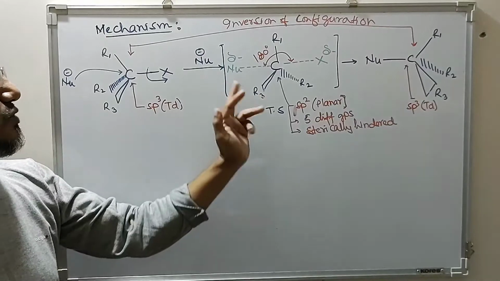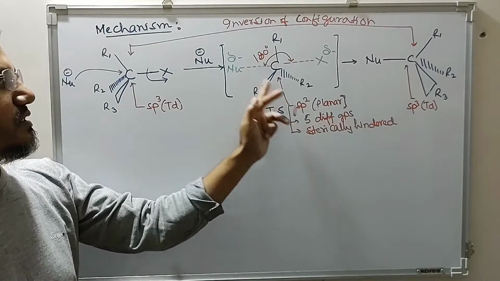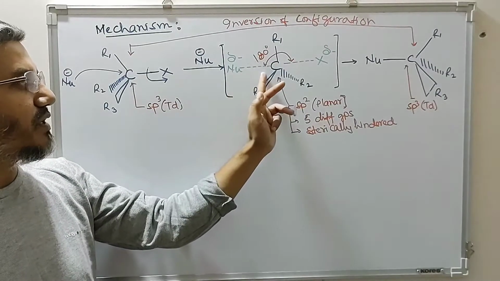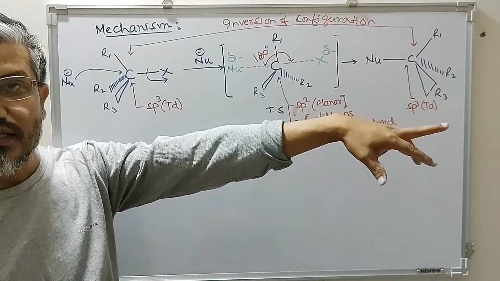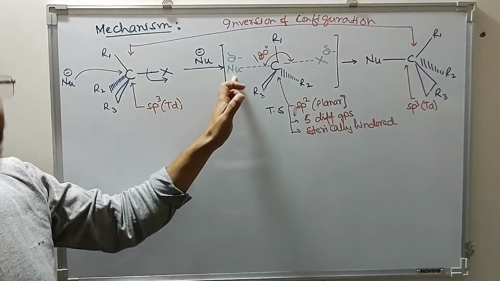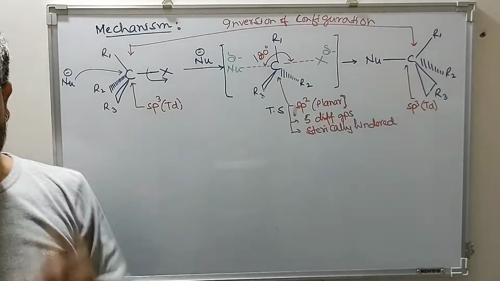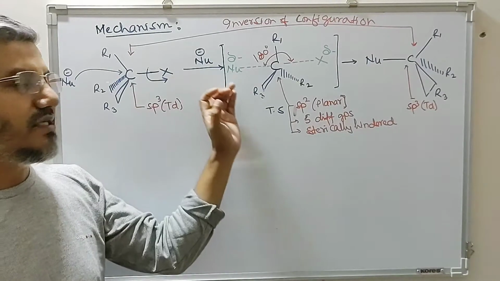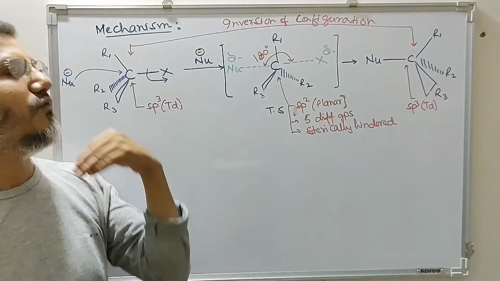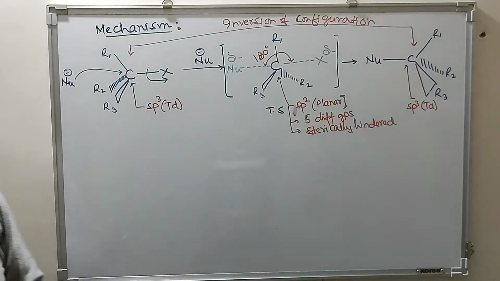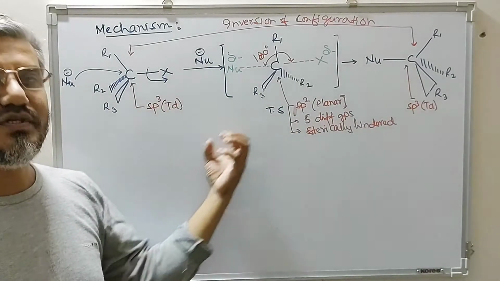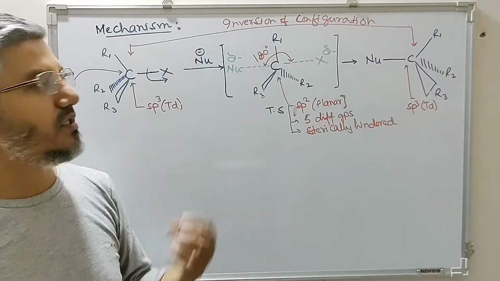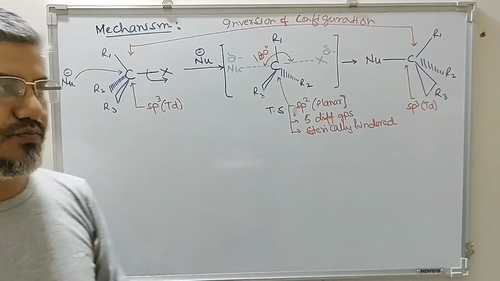Now, this reaction requires formation of a transition state in which simultaneous bond breaking and bond making takes place. So this requires a nucleophile. So the rate of SN2 reaction is proportional to the strength and the concentration of the nucleophile. So the nucleophile must be strong and concentrated for this reaction to take place.